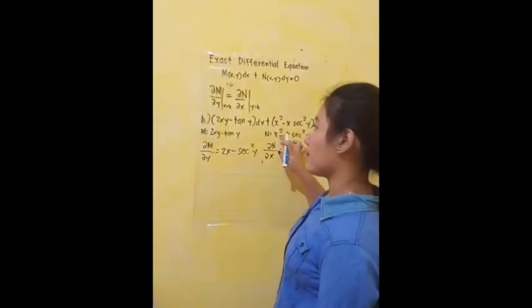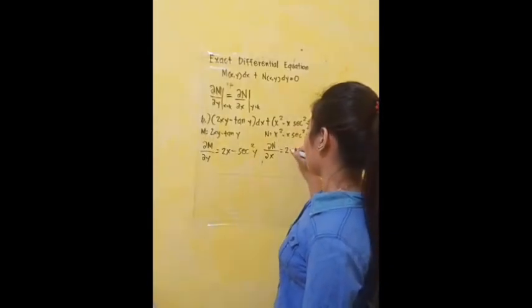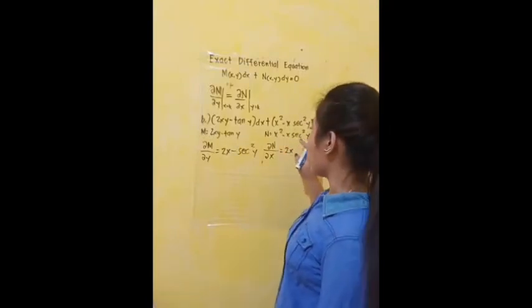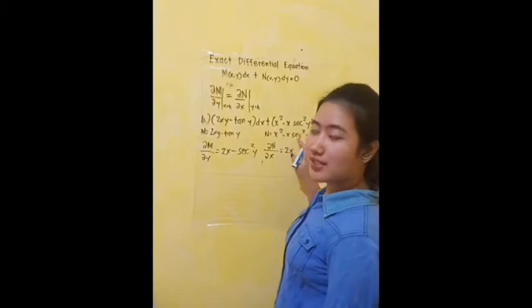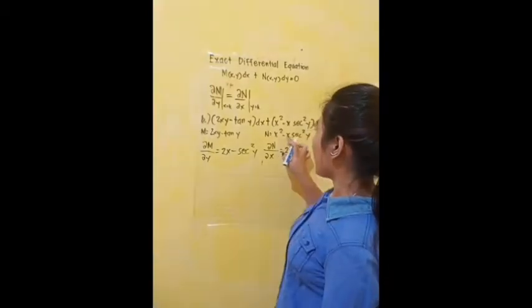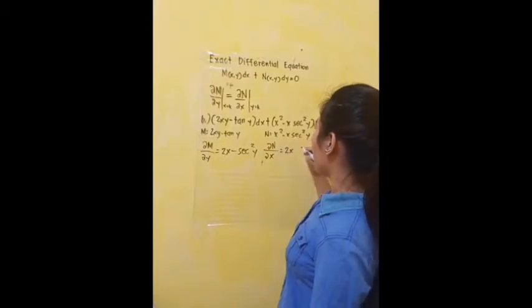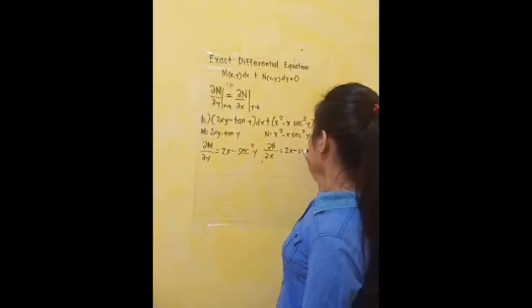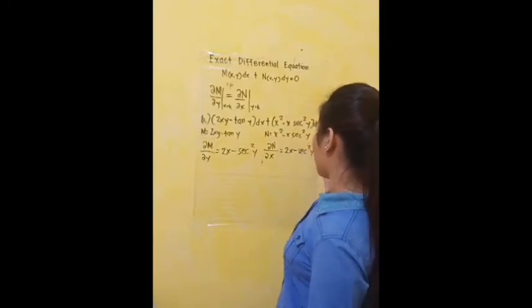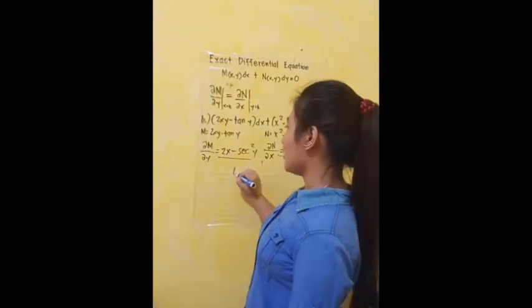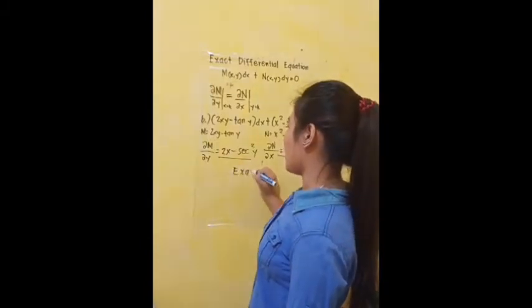What is the derivative of x squared? 2x. Tapos dito, since yung sec ay may katabing y, ibig sabihin, magiging constant na rin siya. Kaya, kapag dinerive natin yung negative x sec squared y, ang magiging derivative niya ay negative sec squared y. So, since parehas din sila, katulad ng kanina, yung differential equation natin ay exact.